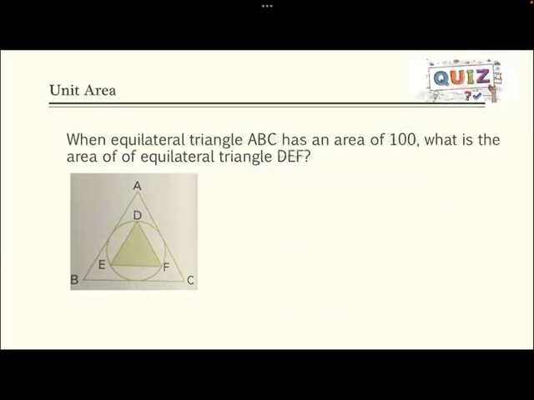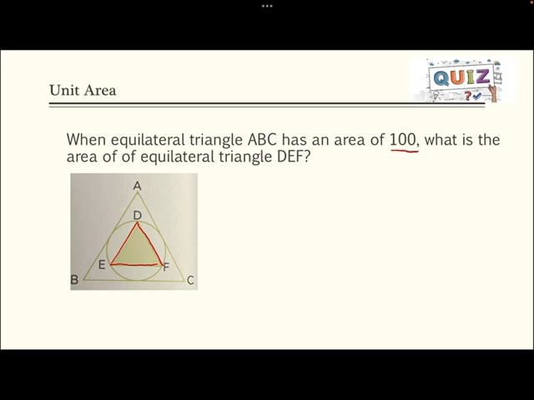Let's look at this example. When we look at this question, they tell us the area of ABC, which is the bigger triangle outside, is 100. Now the question is asking, what is the area of this smaller triangle?